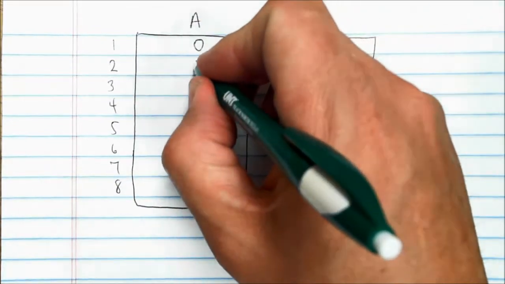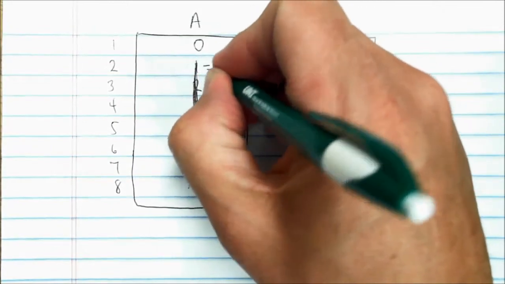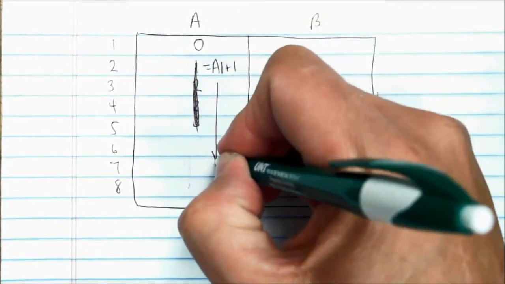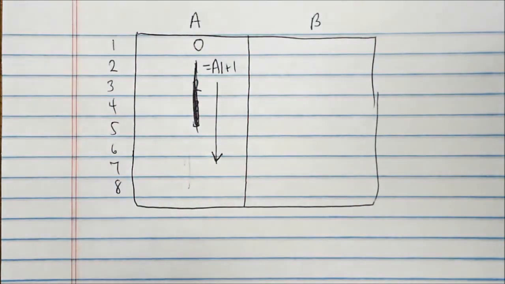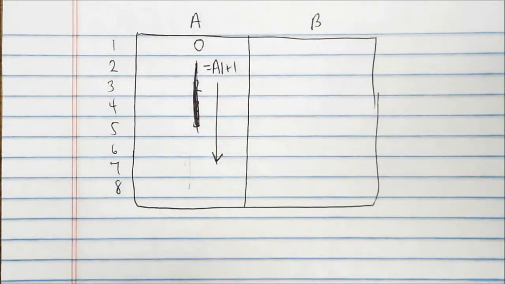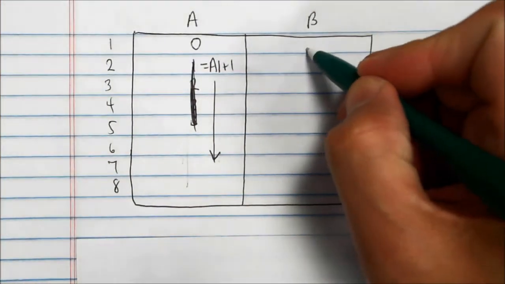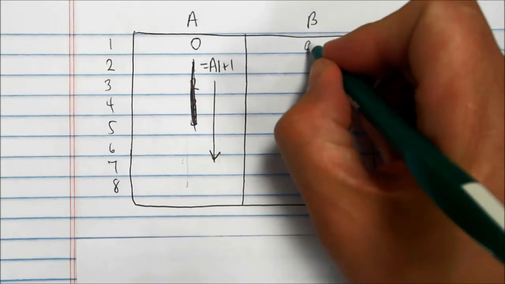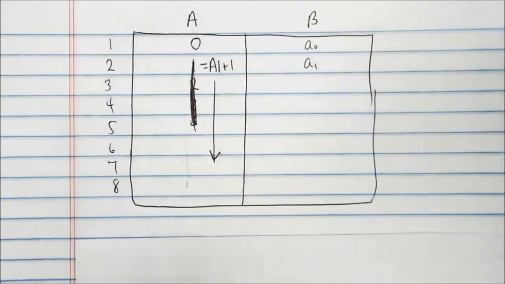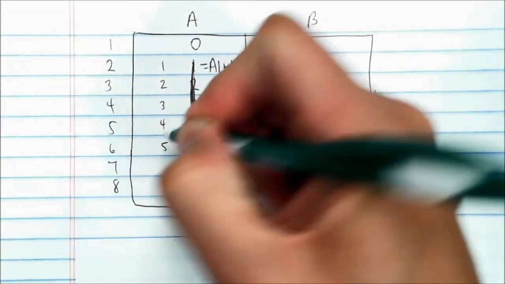And this can be implemented fairly quickly by writing a cell equals the cell above plus 1, and then filling downward. And then that would give 1, 2, 3, 4, 5, 6, and so on down here. All right, then over here in the right column, the values of a sub 0 and a sub 1 go here. So this is going to be the 1, that'll be 2, 3, 4, 5, and so on.